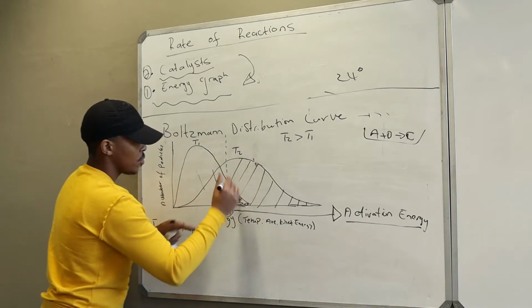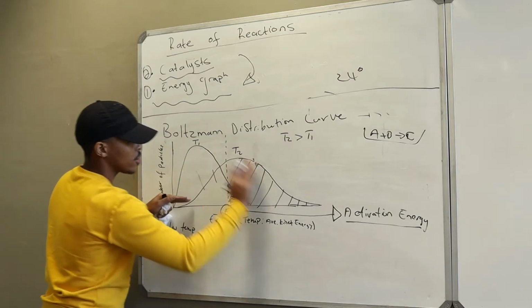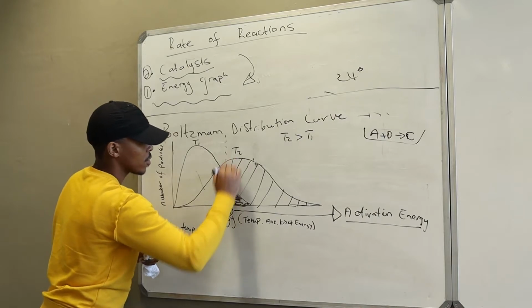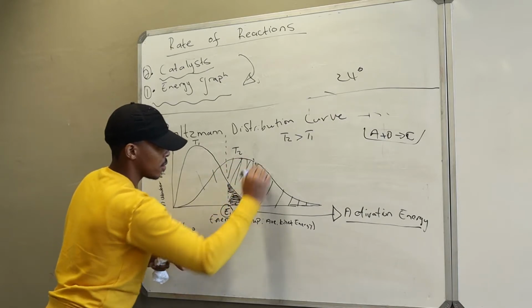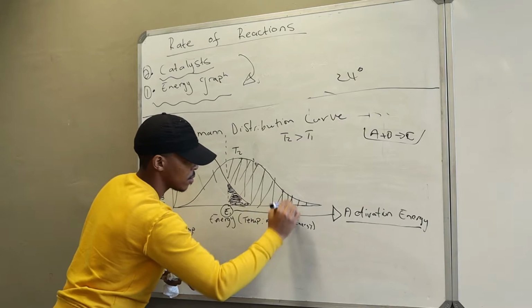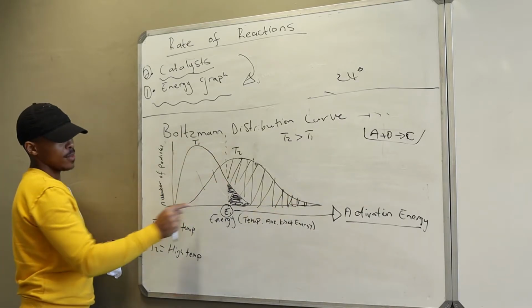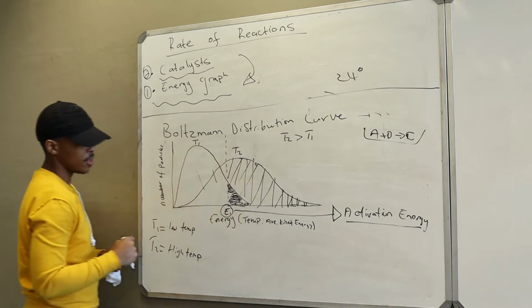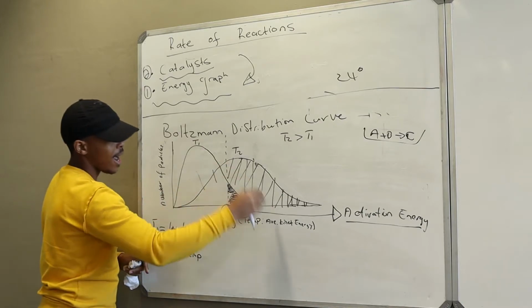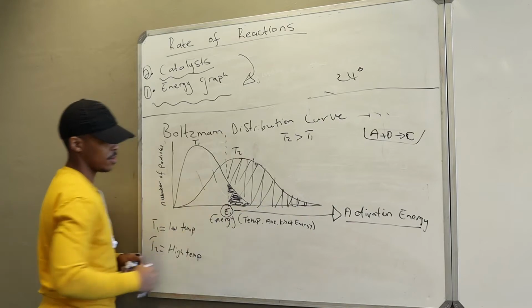At T2, you'll see that most of the curve falls within this area. So what does that mean? It means at a higher temperature, there is a higher rate of reaction, right?